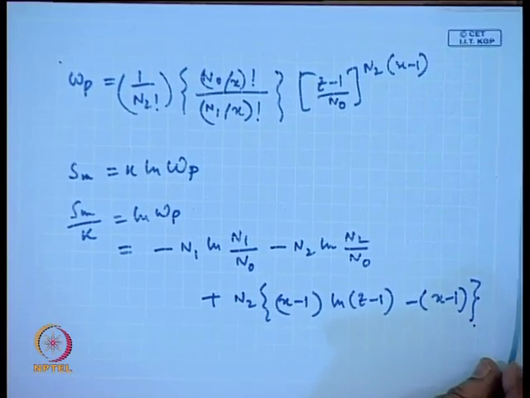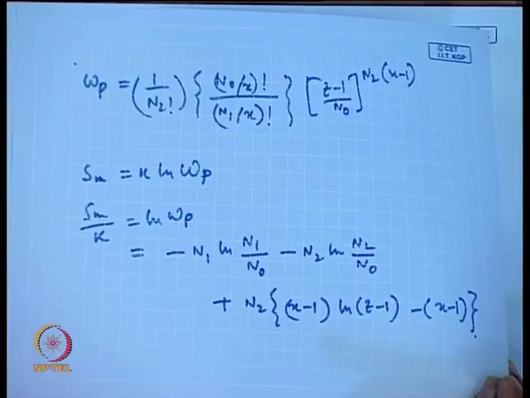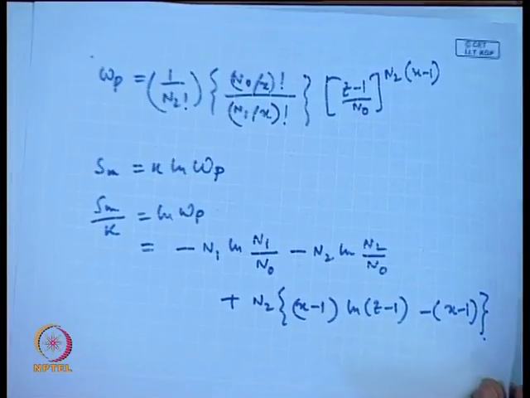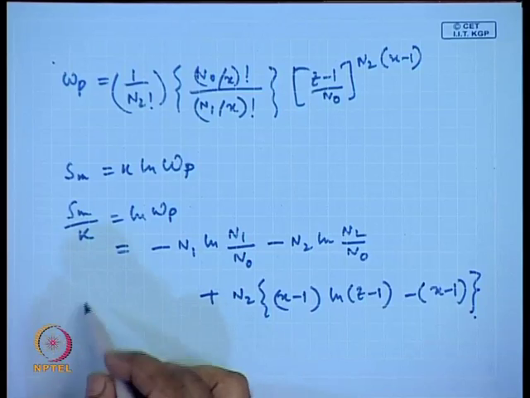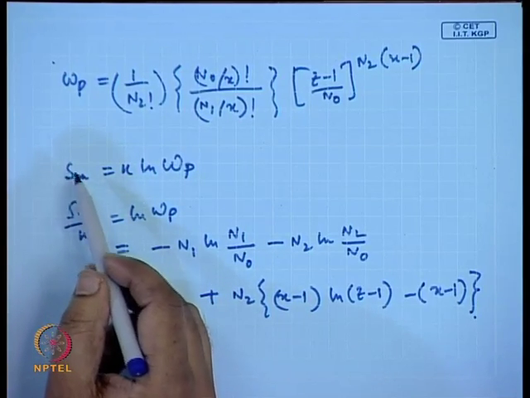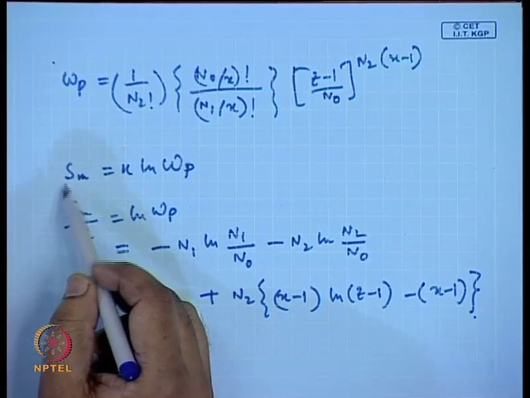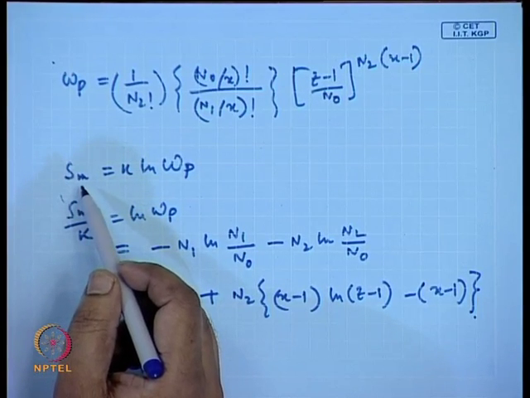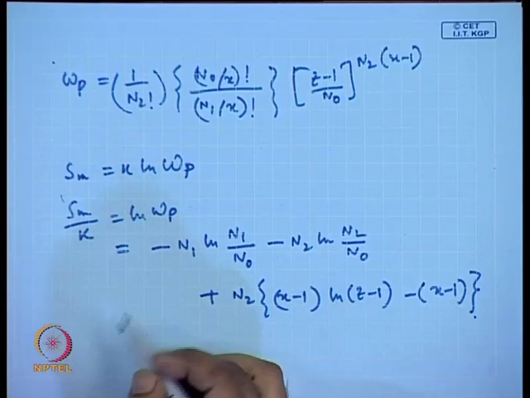Okay, so this is what we get. Now, this S_m is the combinatorial entropy for the mixture of N1 solvent molecules and N2 polymer molecules.